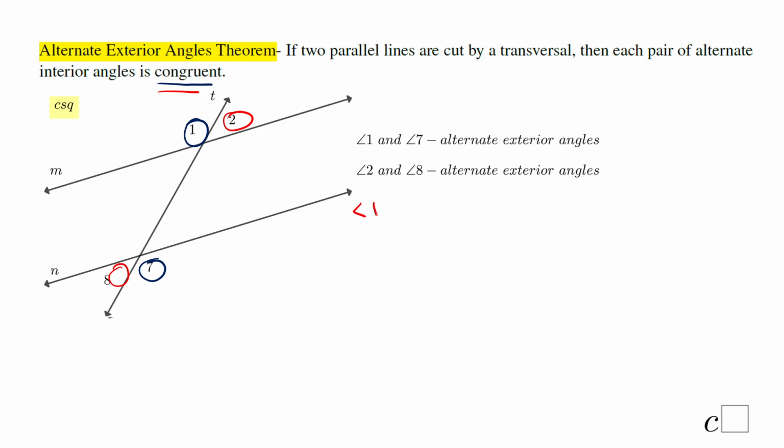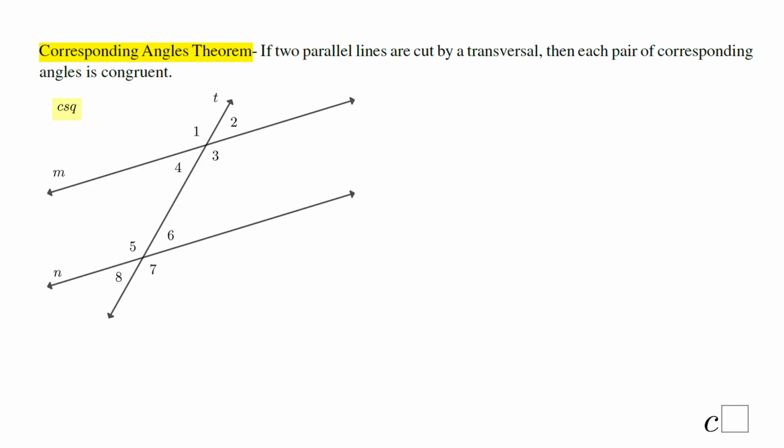Angle 1 congruent with angle 7. Or if you want to go with the measure of angle 1 equals the measure of angle 7. Angle 2 congruent with angle 8. Or the measure of angle 2 equals the measure of angle 8. Alternate exterior angles, congruent.